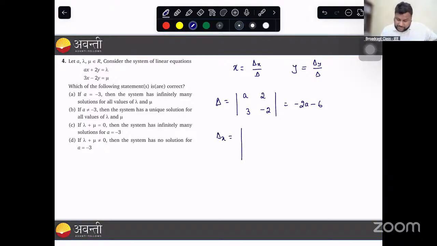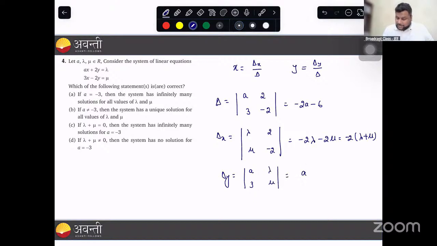Delta x will be lambda, mu, 2, minus 2. That is minus 2 lambda minus 2 mu, that is minus 2 times lambda plus mu. And what is delta y? It is a, 3, lambda, mu. So that is a mu minus 3 lambda.